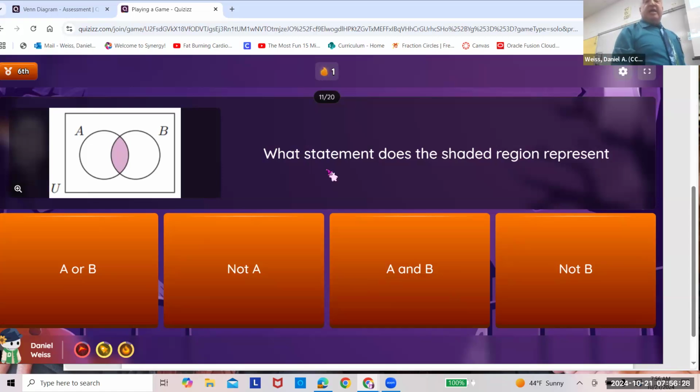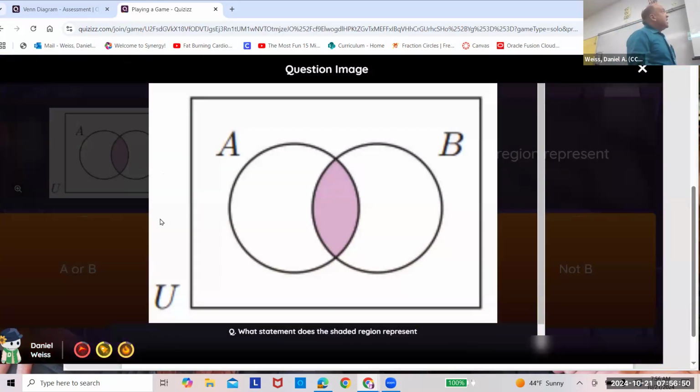What statement does the shaded region represent? Does it make sense that this here is A and B? Definitely both. So this section here is only where there's both A and B. Where is there both of them?